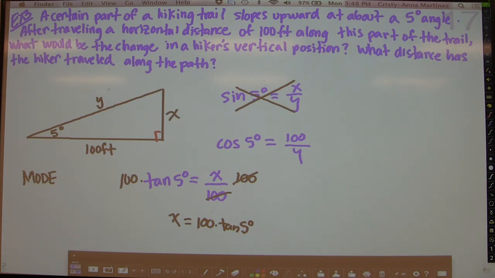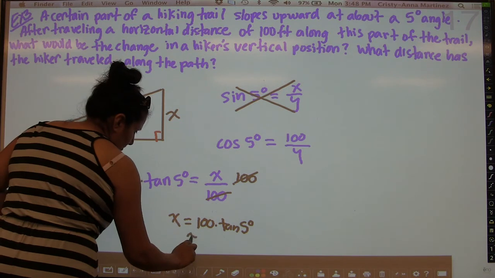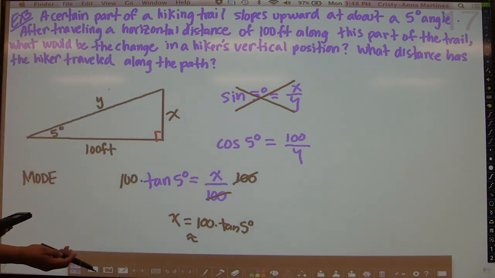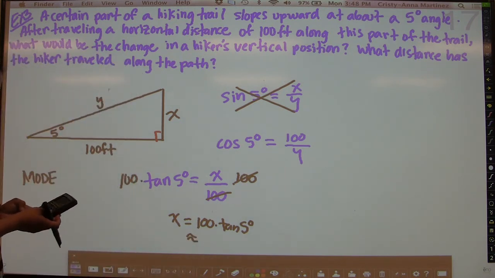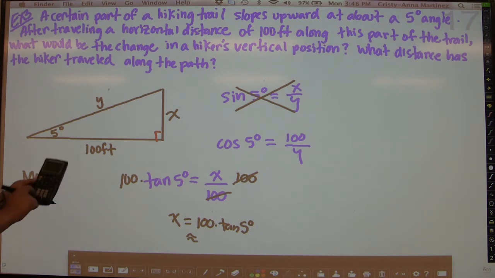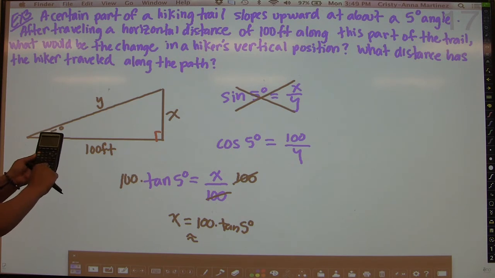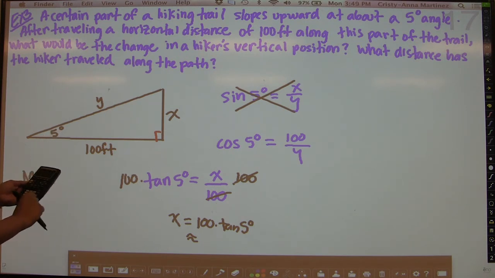problems. All right, so now that you're all in degree mode, I hope, we're going to go to the calculator and get our approximate answer. The exact answer is 100 tangent 5 degrees. So we're going to press 100, then the multiplication button, and then the tangent button, which is of course across here next to the caret key. When you hit the tangent button, a parenthesis will automatically open. So we put in a 5 and close that parenthesis.